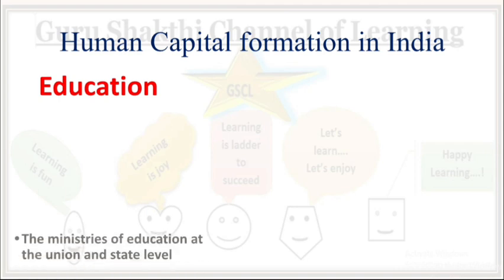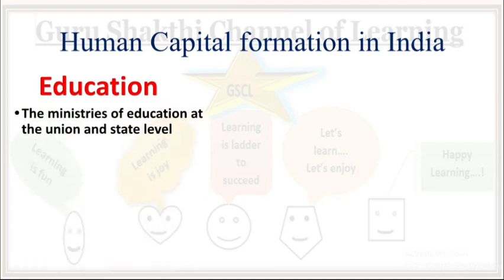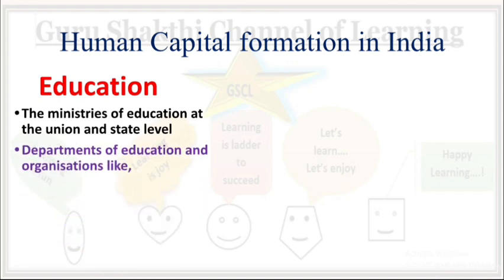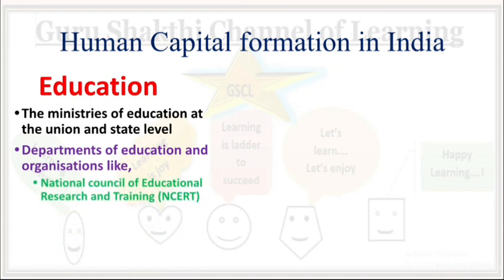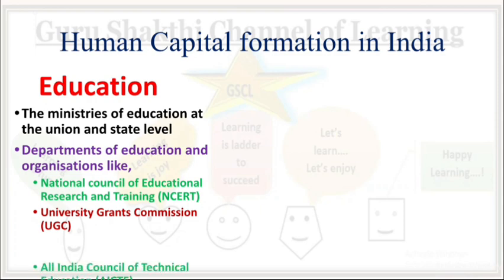Starting with the ministries of education, both at the union and state level. Then we have educational organizations such as the National Council of Educational Research and Training, University Grants Commission, and All India Council of Technical Education.